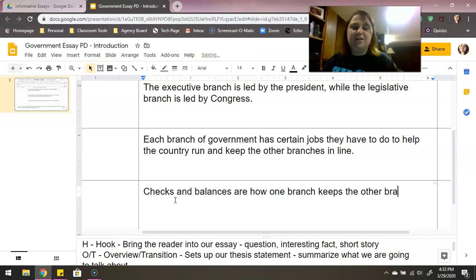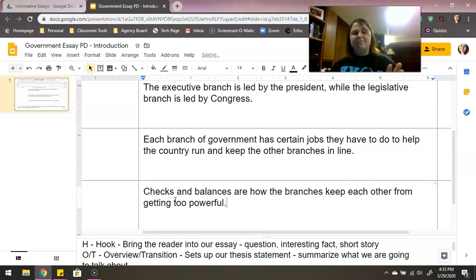Let's change that. Checks and balances are how the other branches keep each other from, no. Checks and balances are how the branches keep each other from getting too powerful. Okay, that's not too bad.